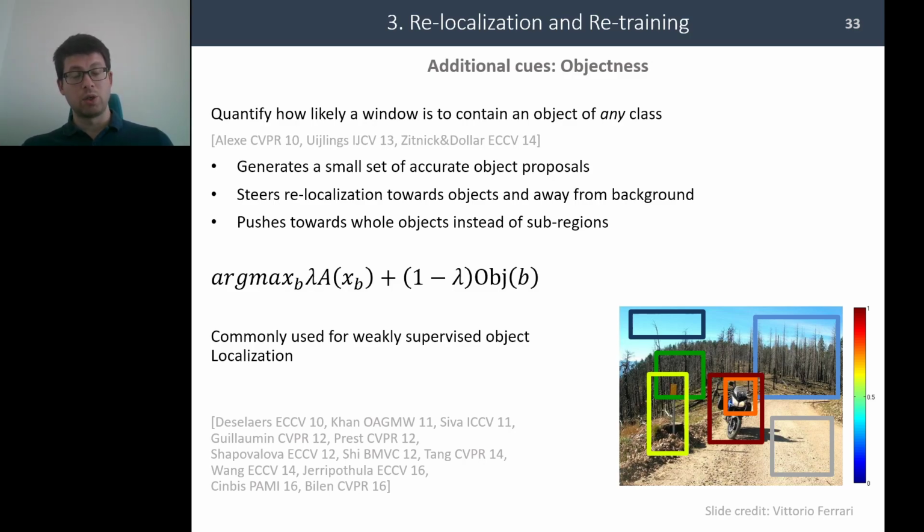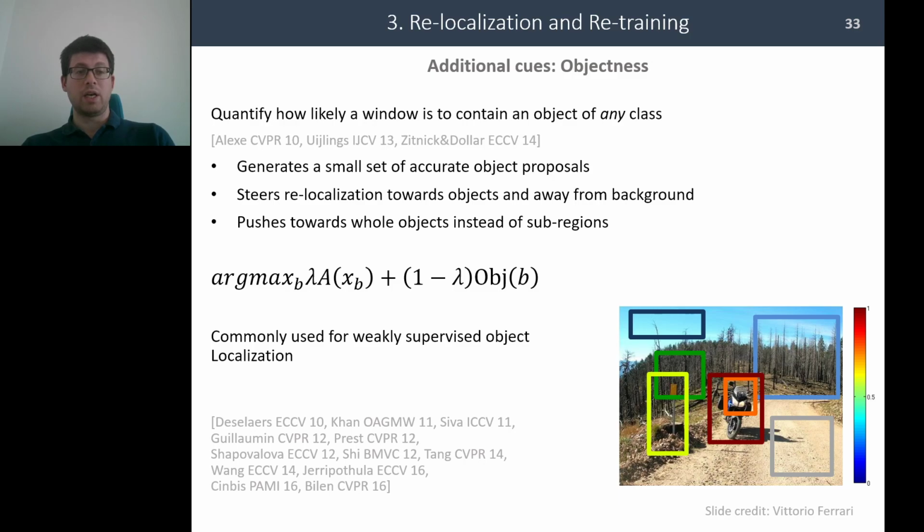There are two benefits to using objectness. One is that we can use it to eliminate some of the object proposals, so we get a small set of high recall object proposals.